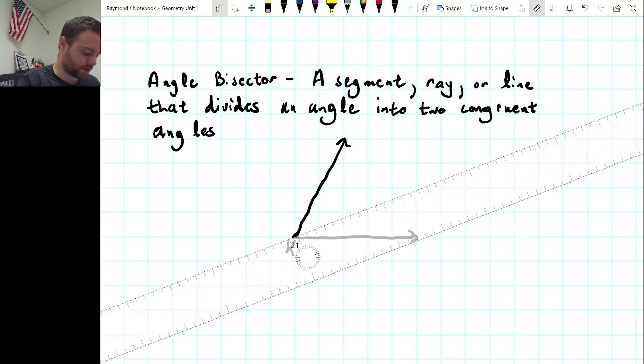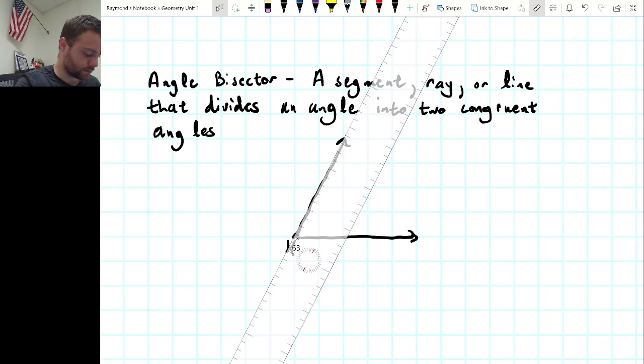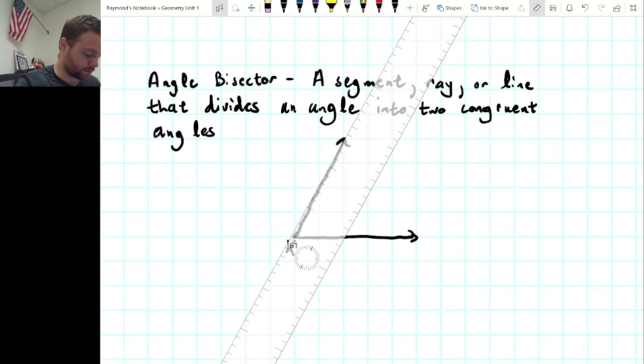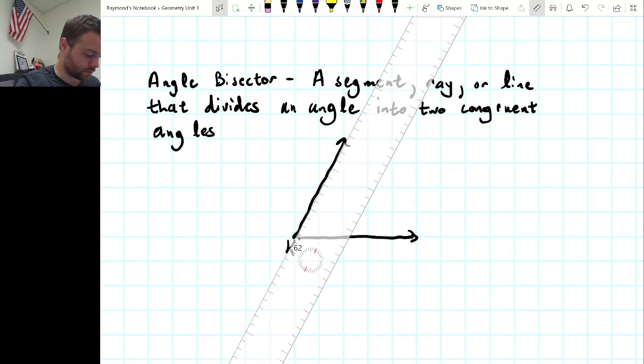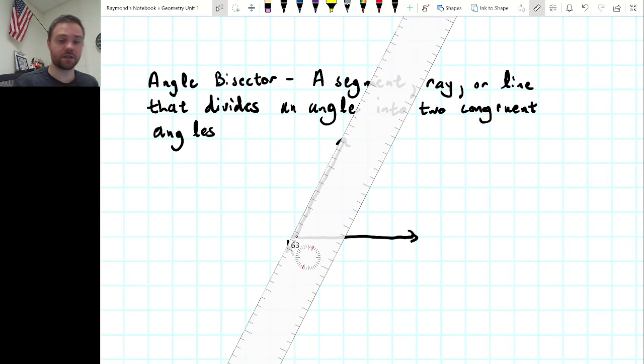I'm just going to rotate this, and I want to know what this degree measure is. So it's 63 degrees.